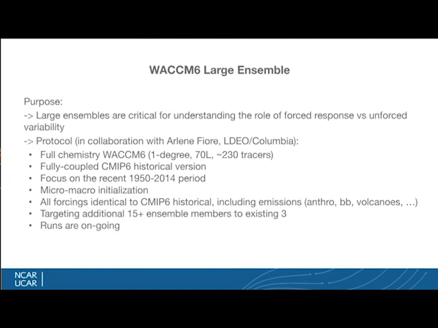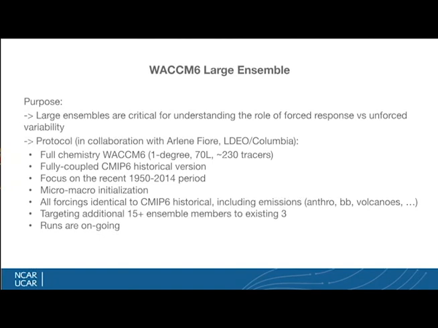So exactly the same version I have been discussing for the deposition. This is the full chemistry WACCM6, 1 degree, fully coupled. That's the version we use for historical and all simulations of CMIP6. 70 levels, about 230 tracers, so it's kind of a beast, but it really gives us a full understanding of the impact of internal variability on chemistry.